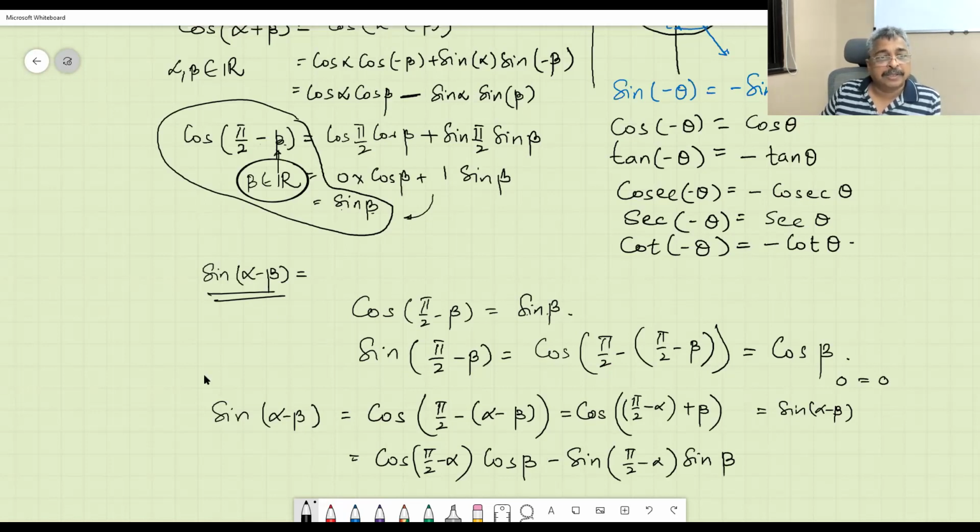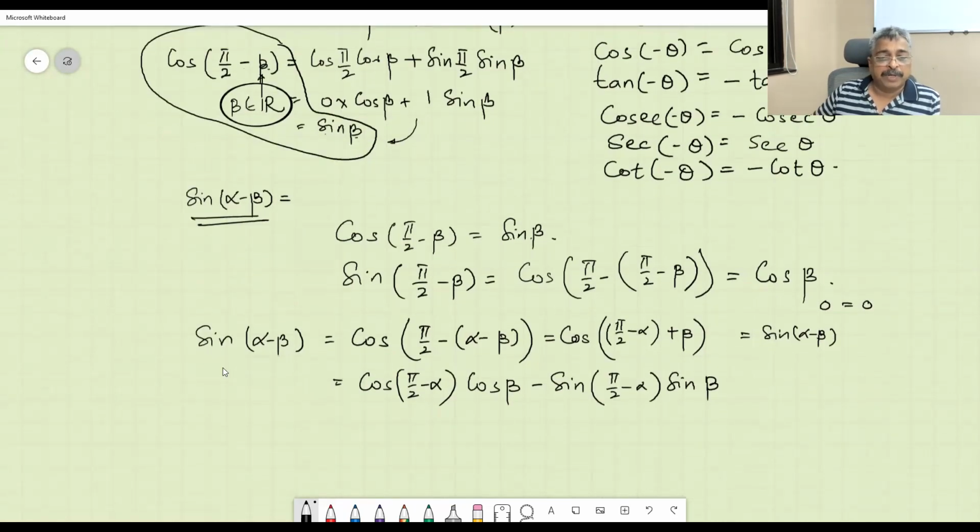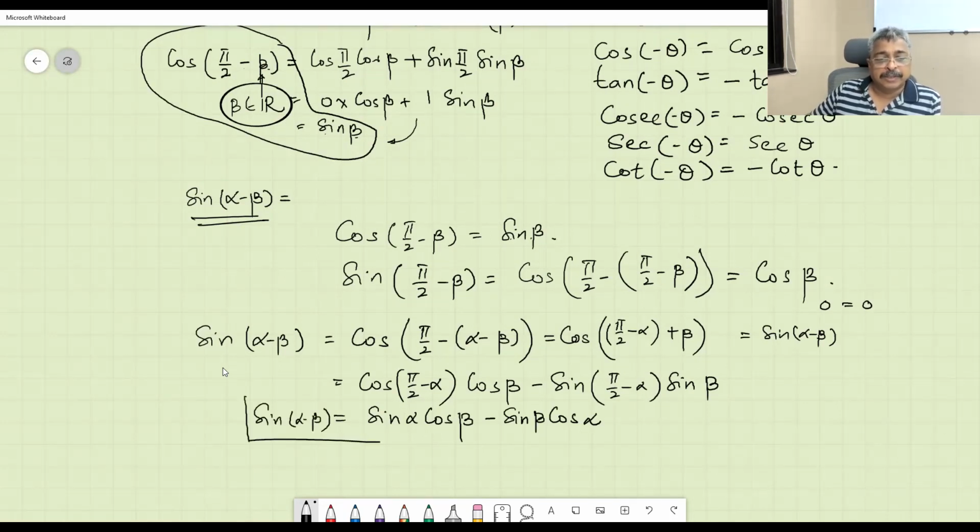And hence cos of (pi/2 minus alpha) is sin alpha cos beta minus sin beta cos alpha. This is sin(alpha minus beta), and hence we got the third formula.